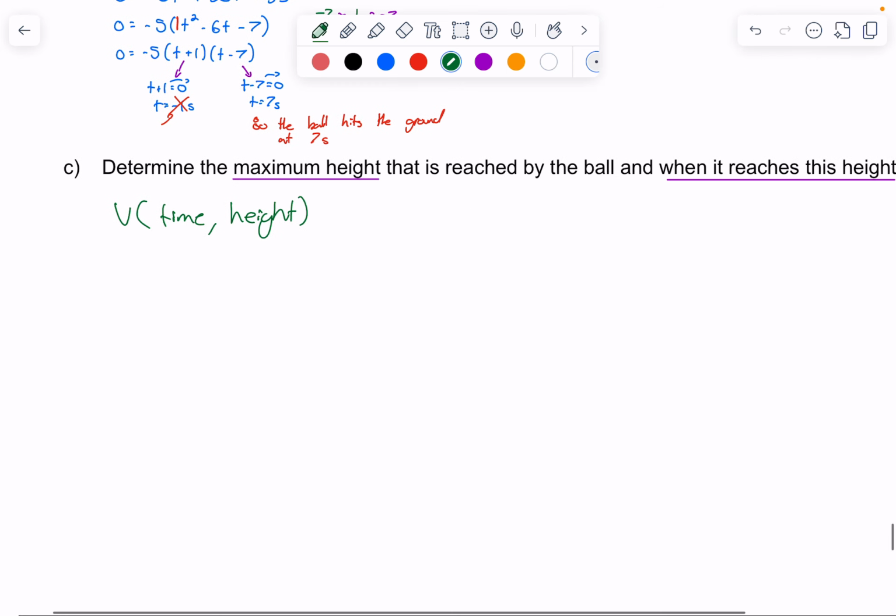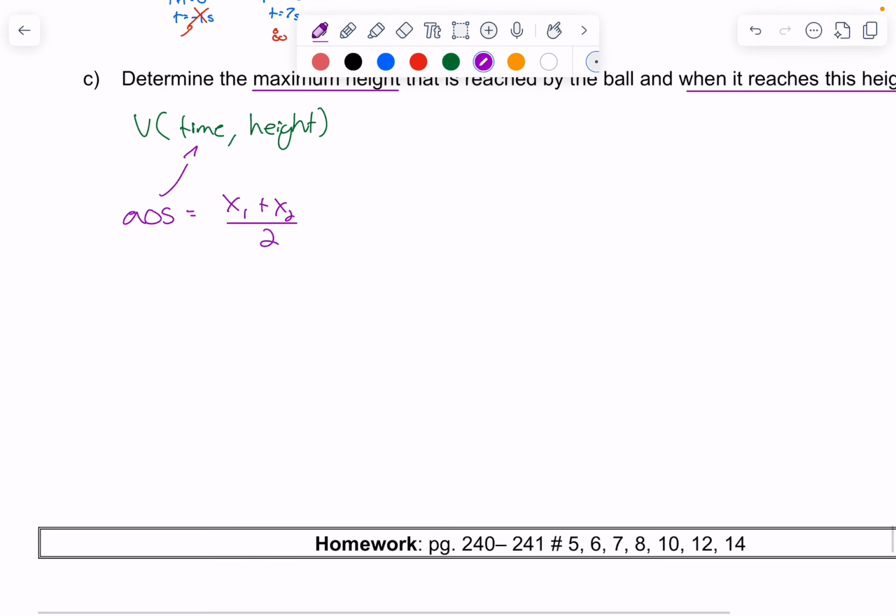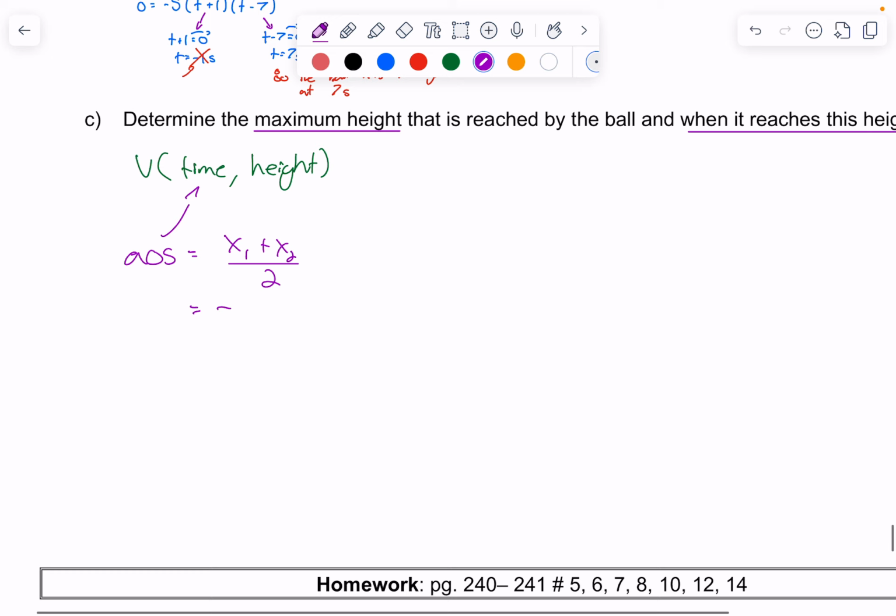Well, getting this value, that's your AOS. So take your two intercepts, which we calculated from above, and divide by 2. That is negative 1 plus 7 divided by 2, which is 6 over 2, or 3 seconds.